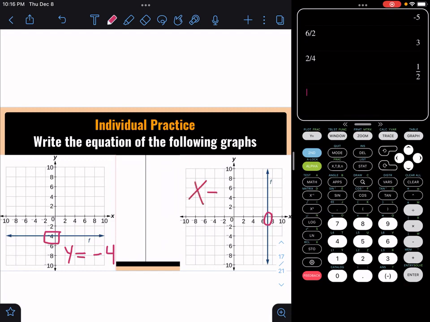So this equation is x equals -4. I know you guys know that a y-axis goes vertically, but the equation for the y-axis is actually x equals 0. Vertical lines are always x equals, and horizontal lines are y equals.